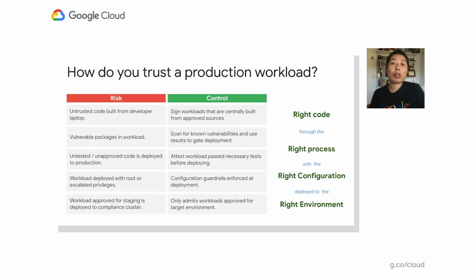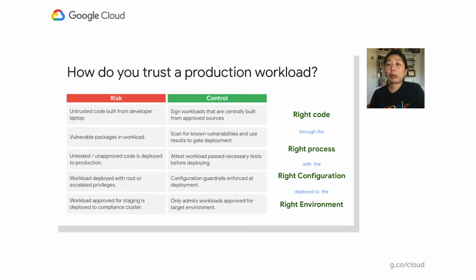And then, what about workloads that are not sufficiently tested or reviewed? Again, it is not sufficient that the necessary tests are performed. There should also be evidence, such as a signature, that a workload passes all necessary tests. Once a workload is approved for deployment, it may still be deployed with a wrong configuration, such as run as root. That is why it's important to have configuration guardrails to catch those mistakes.